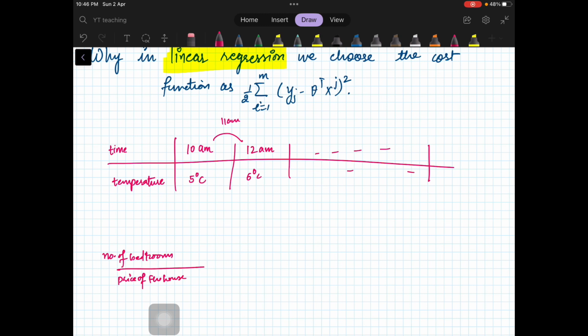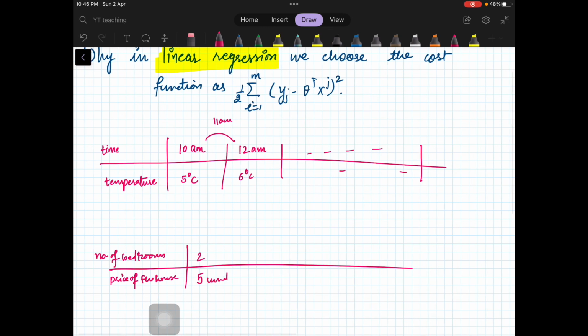Suppose 2 bedrooms, then you have the price as 5, say whatever is the unit, 5 units, it may be 5 crores. And then for 3 bedrooms, it's 7 crores, and so on, right? Now suppose I have 5 bedrooms, say it's 9 crores, and in between I want to predict what about a 4 bedroom house, right?